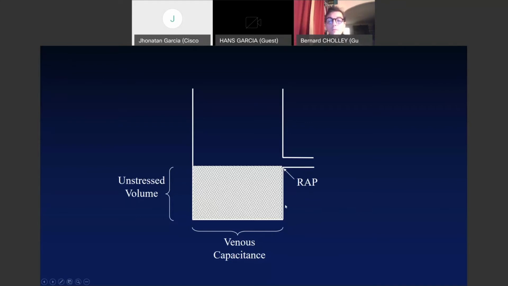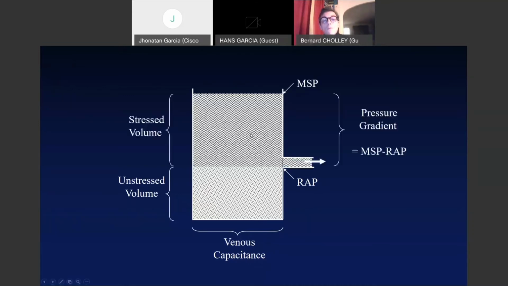The lower the right atrial pressure, the easier for the liquid to leave the reservoir and to return to the right heart. The amount of liquid that fills up the reservoir below the level of the exit is called the unstressed volume. It represents the amount of blood that fills up your circulatory system without generating any distending pressure. And on top of that, you've got the stressed volume.